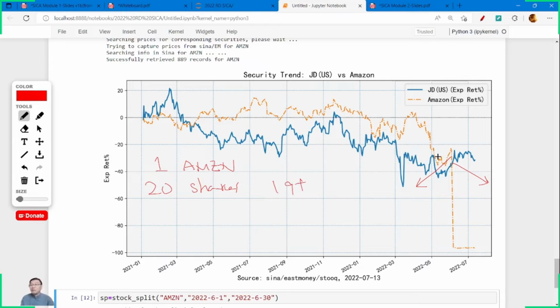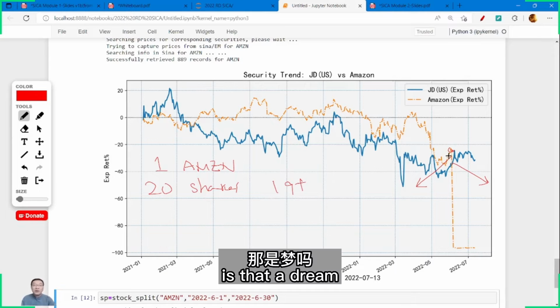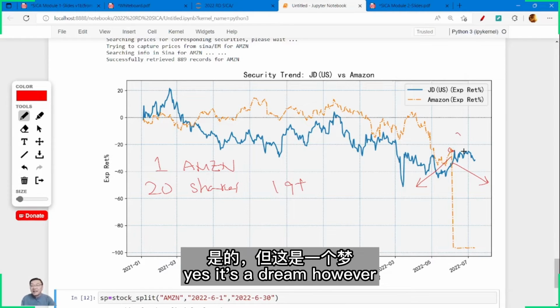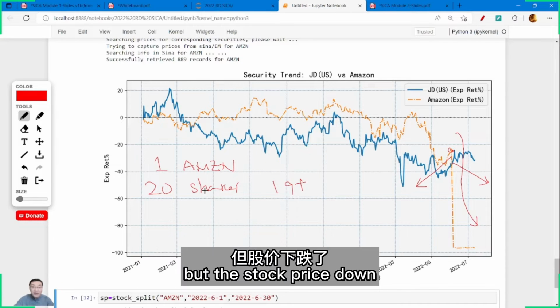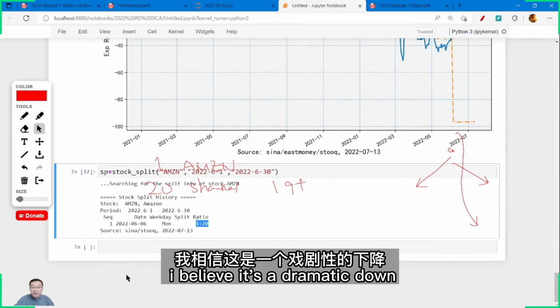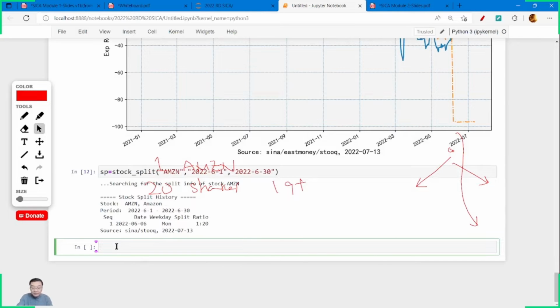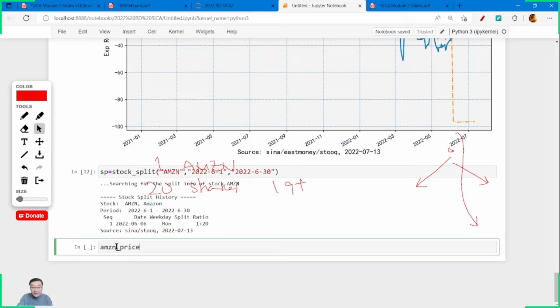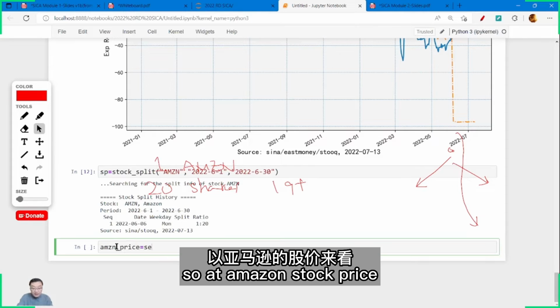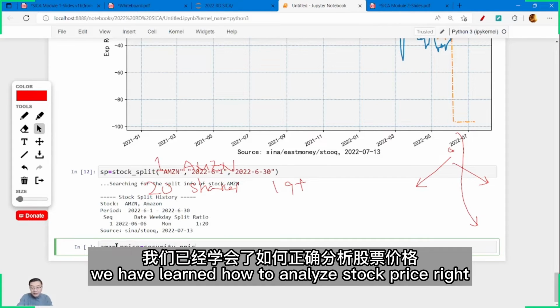Yes, it's a dream. However, although you hold more Amazon shares, the stock price goes down, I believe dramatically. So let's look at the stock price of Amazon during that period. You can simply do that. So Amazon stock price, we have learned how to analyze stock price, right? Security price.